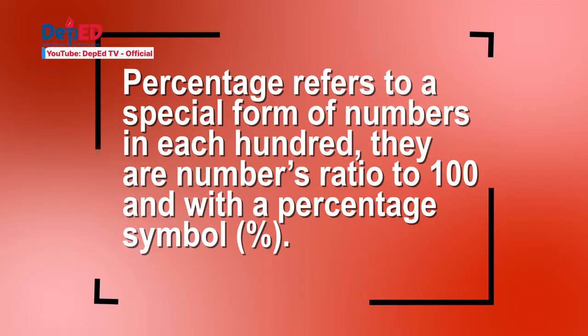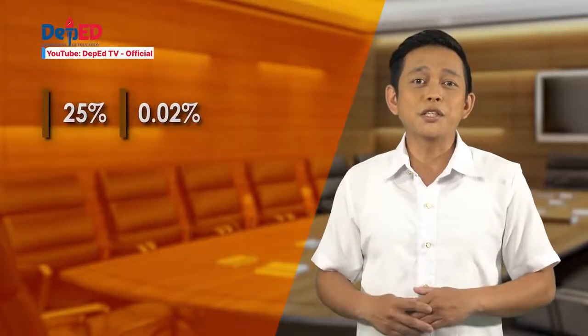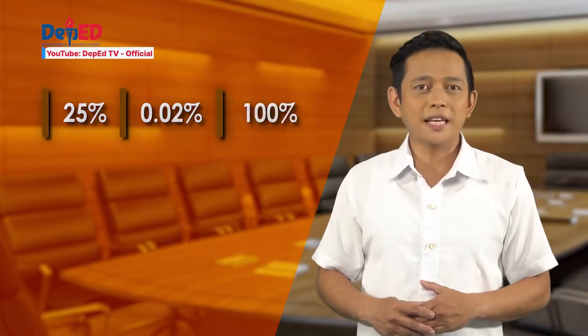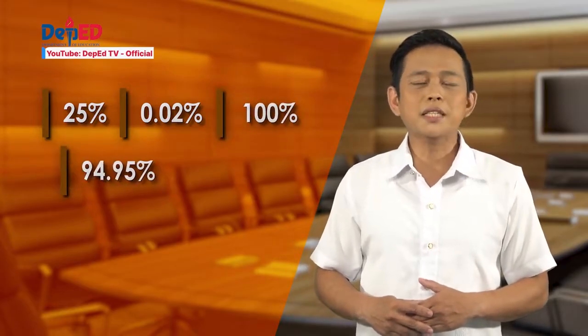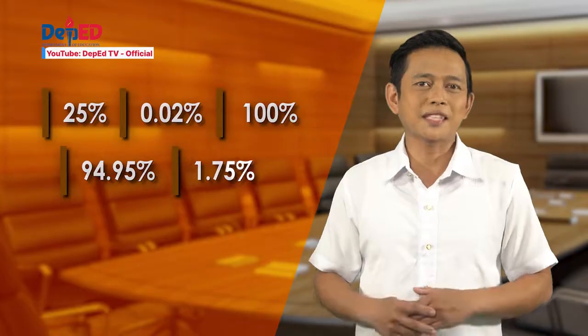Percentage refers to a special form of numbers in each hundred. They are numbers in ratio to 100 and with a percentage symbol. Examples are 25%, 0.02%, 100%, 94.95%, and 1.75%.